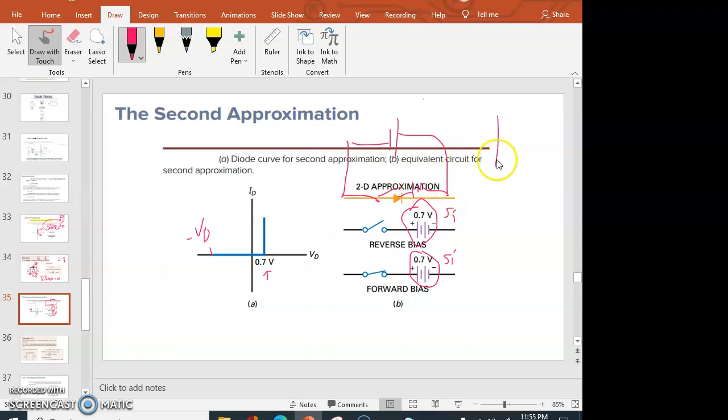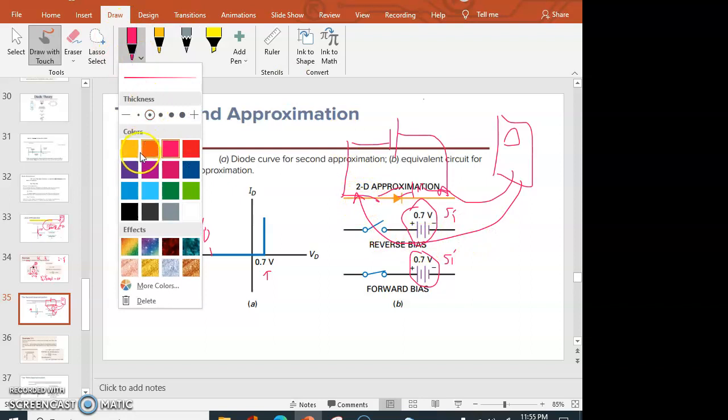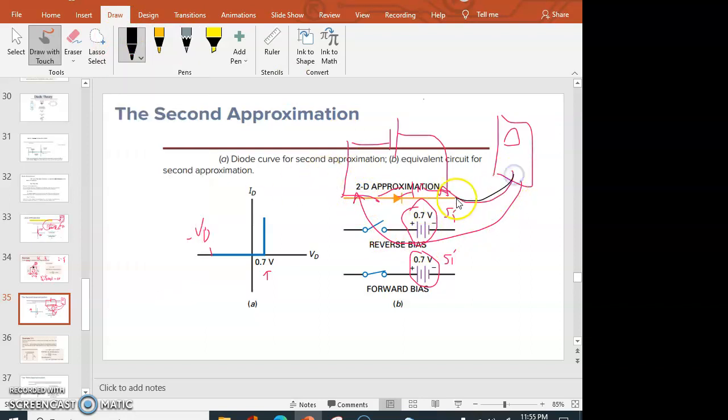If you place a tester across this, what the tester is actually seeing is the terminal of the reverse voltage applied, which is the negative VD. That's the reason why we have the voltage VD here. And there is no current since under reverse bias, the diode is treated as an open switch.